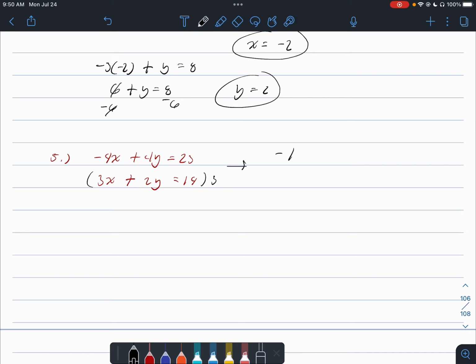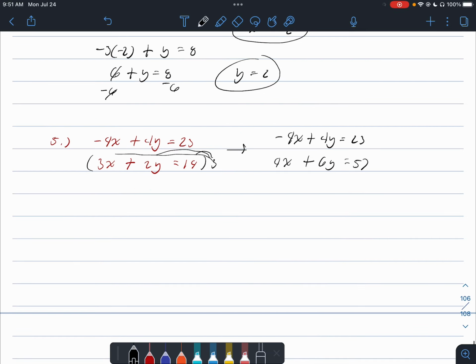We'll have negative 9x plus 4y equals 23. And then, once we distribute this 3 to everything in the equation here, we'll have 9x plus 6y is equal to 19 times 3, which is 57.